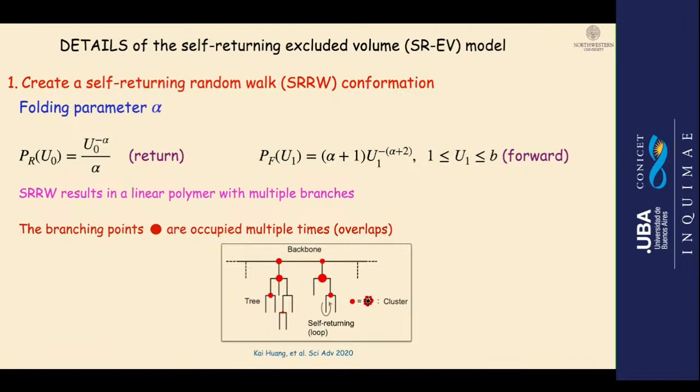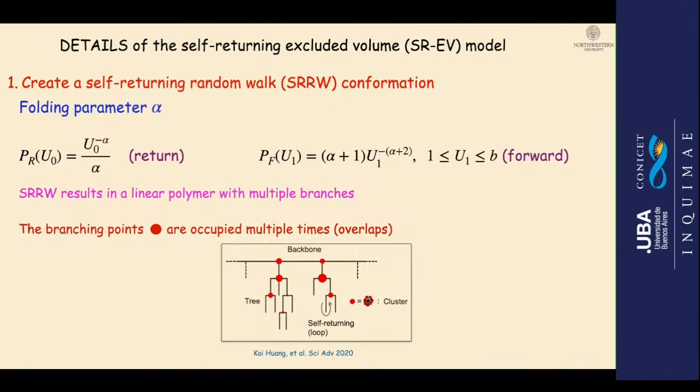Each new step in the SRW could be a return step or a forward step according to a probability distribution function. The probability distribution function depends on one parameter, alpha.